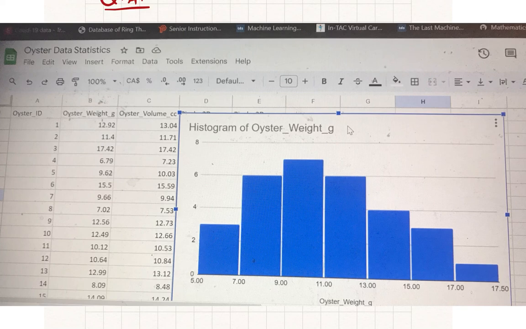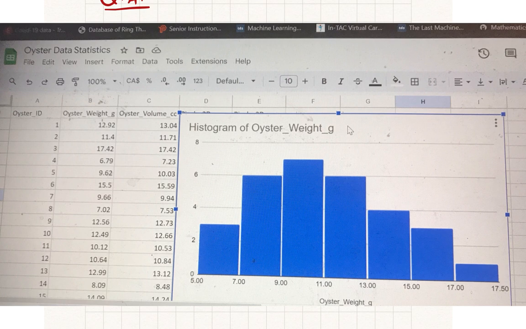Okay, folks, in this lecture I want to talk a little bit about the idea of histograms. If you remember from our video before class, a histogram in some sense is how we turn continuous data into a bar graph. We categorize all data between the endpoints of each bin.